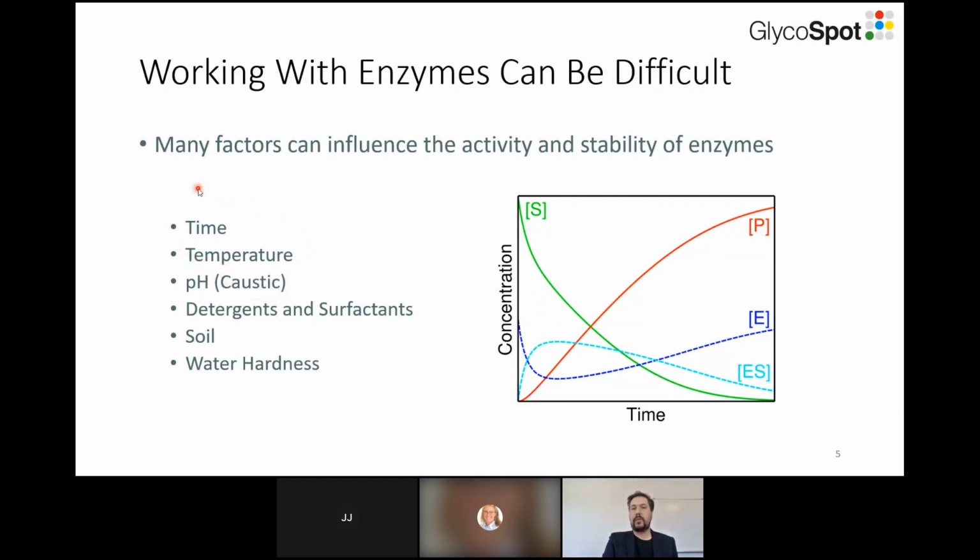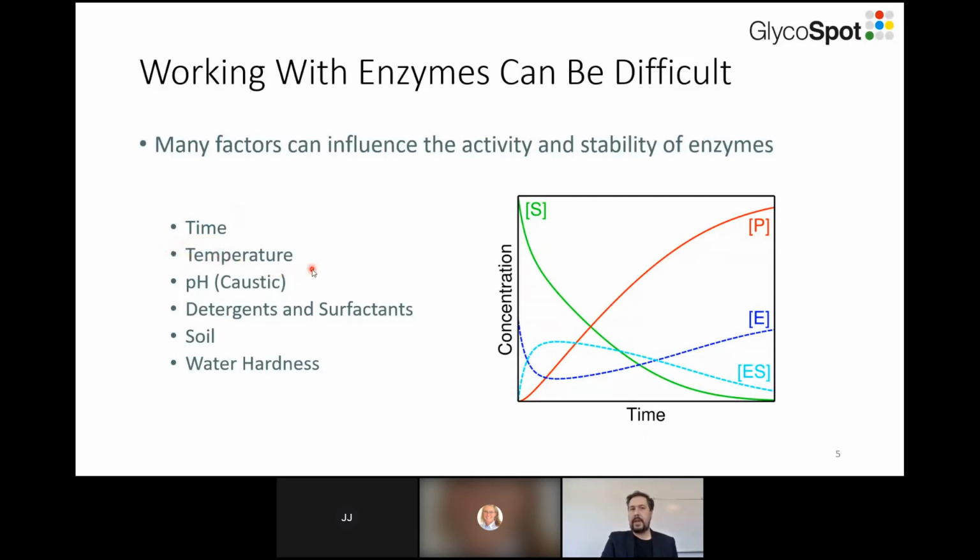Additionally, if you are doing a long cleaning process with enzymes, say a soak over the weekend for 48 hours, the activity of your enzymes when you start that process will be greater than the activity of the enzymes at the end of the process. So it may be interesting, even if you're doing a soaking process, perhaps to top up the enzyme concentration over the process of a long cleaning to get the most enzymatic power.